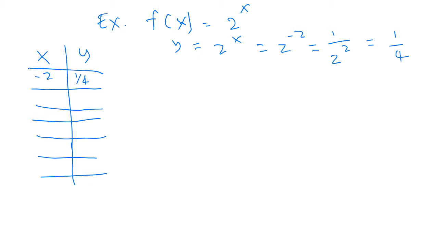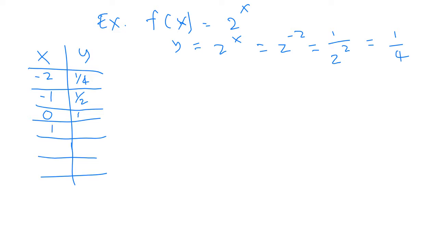and then -1 for x. So that would be 1/2, because 2 power of -1 there. And bring that down, it gives you 1 over 2 or 1/2. And then 0, 2 power of 0, that would be a 1. And then next value for x, we will have a positive 1.